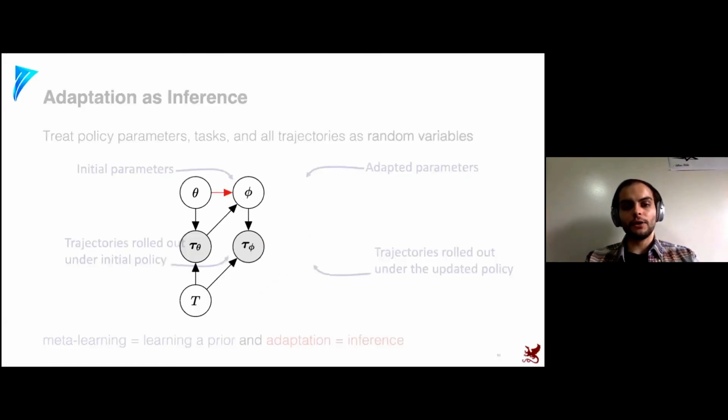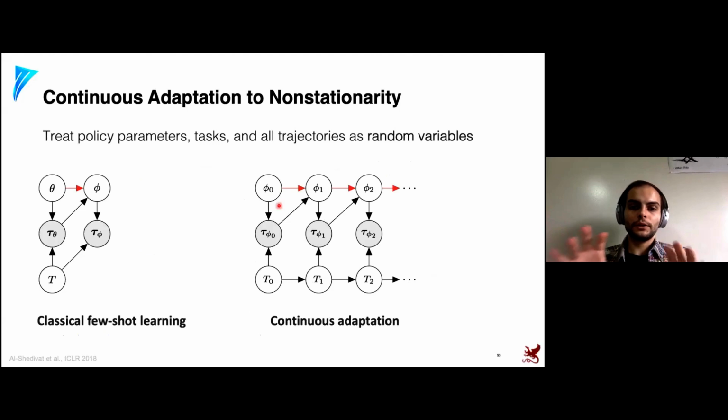In case of this continuum of continuously changing tasks, where we would like to continuously adapt and hop from one task to the next, the new variables in the system are going to be new tasks. So at every instant in time, we are no longer interacting with the same task. We're going to be interacting with new tasks, and all these tasks are going to be sequentially dependent.